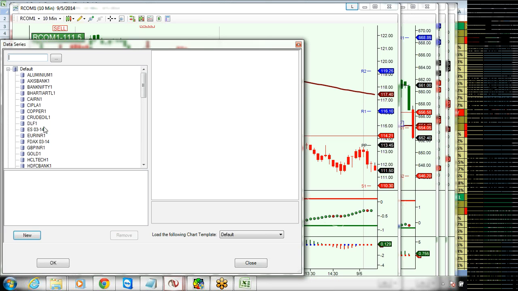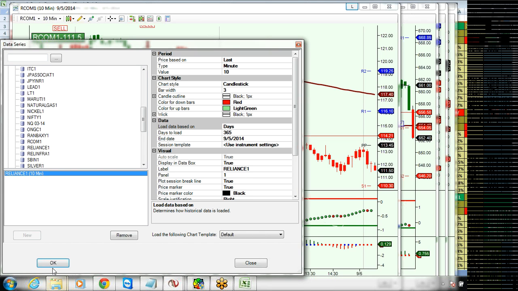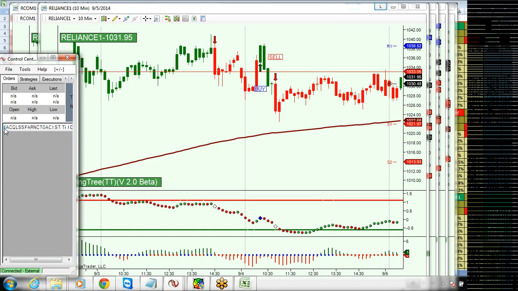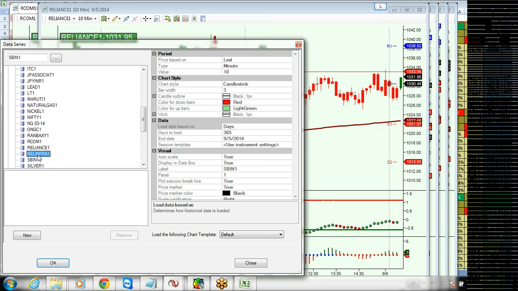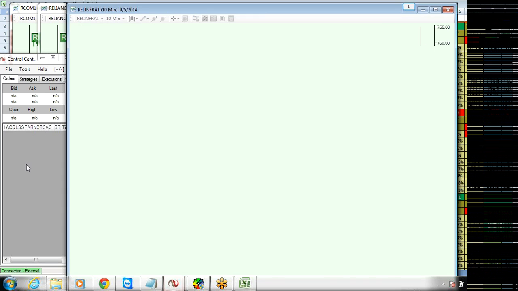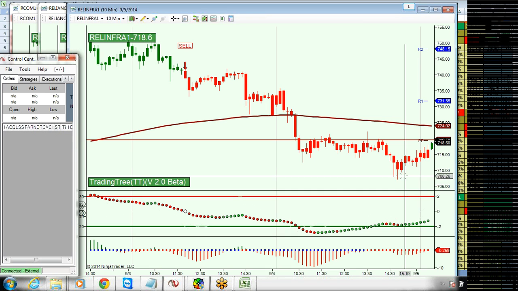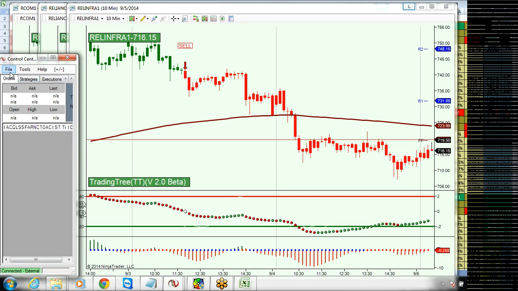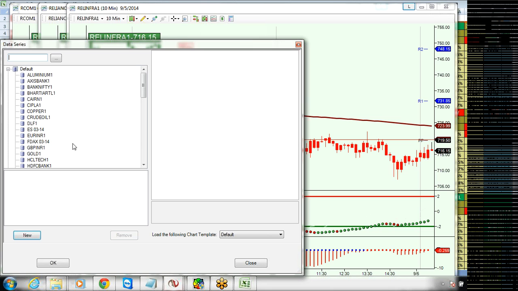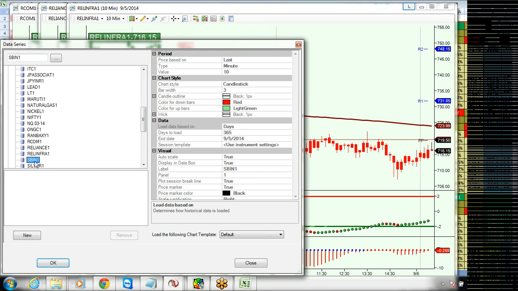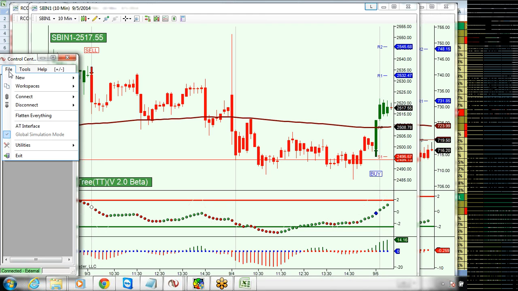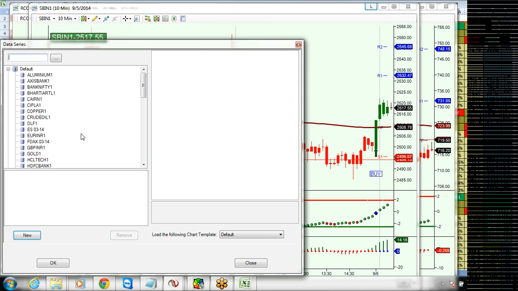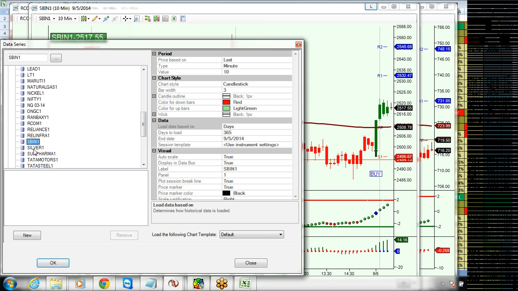RCOM is flat. Reliance is also flat. Rel Infra is a buy call. So you'll be getting a buy call now in Rel Infra. But we have already made final targets there in FuturesTree. I'll just show you that. SBI is a buy call. We have a buy call there also.